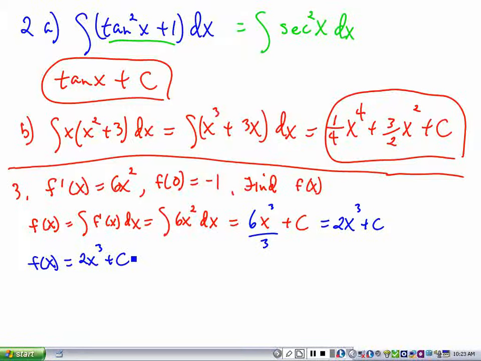Remember that the function itself is the position vector. The first derivative gives us the velocity, and then the second derivative would give us the acceleration. So we got f of x, which is the position function.